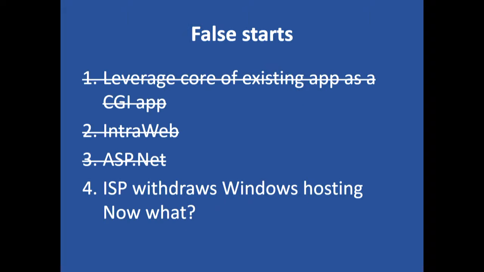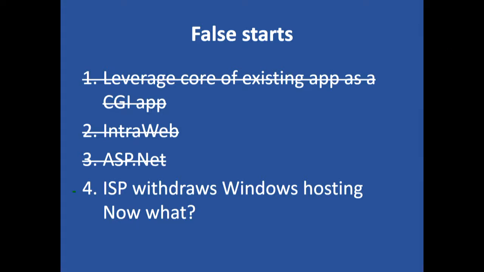The next course of action, being a Windows programmer, was to investigate various ways of leveraging what I already had, turning the core calculation units of my desktop application into a CGI application. The code then got laced with ifdef web and ifdef desktop, and it got worse and worse, and I abandoned that.